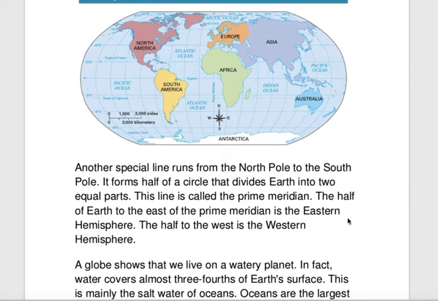It forms half of a circle that divides Earth into two equal parts. This line is called the prime meridian. The half of Earth to the east of the prime meridian is the eastern hemisphere, that would be this side, and the half to the west is the western hemisphere. So the prime meridian is in the middle. We have the western hemisphere and we have the eastern hemisphere.